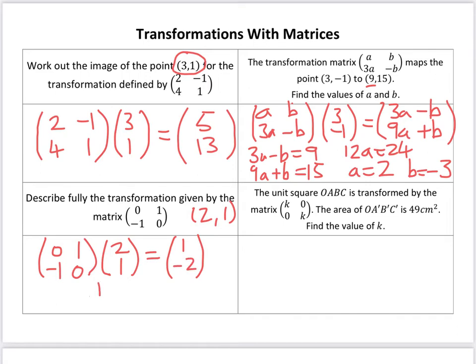So what ultimately has happened is that 2, 1, which is about there, has gone to 1, minus 2, which is down there. And so therefore, what has actually happened is a rotation 90 degrees clockwise, centre the origin or 0, 0.